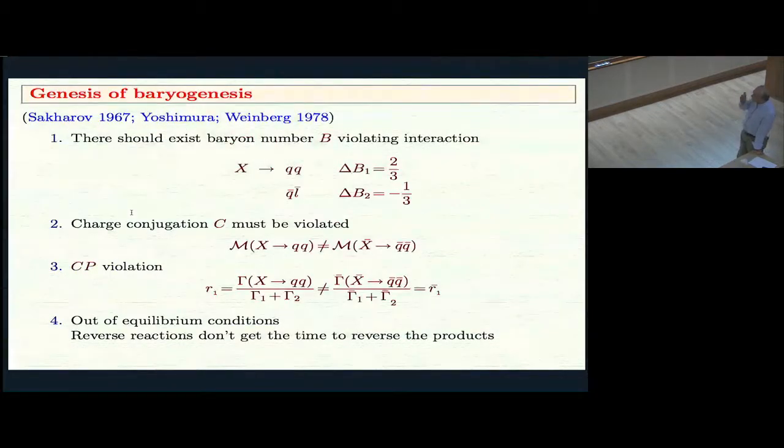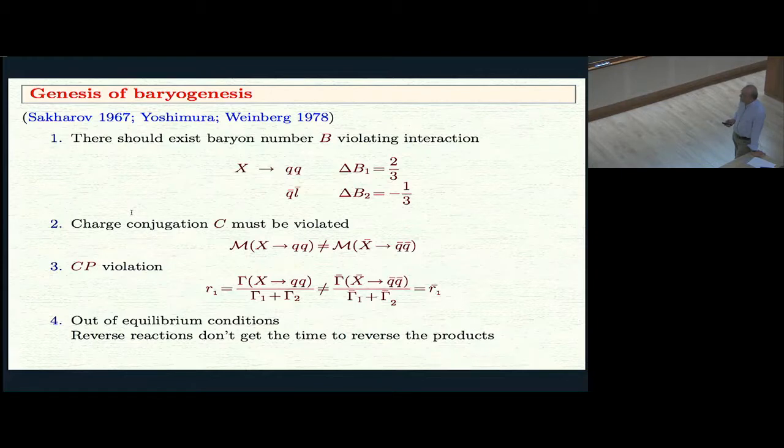So this is a short pedagogical review of what exactly the originators of baryogenesis thought, including Sakharov and Yoshimura and Weinberg after the GUTs were proposed: there is some heavy particle decay by two different channels, both of the two channels violating baryon number by different amounts.